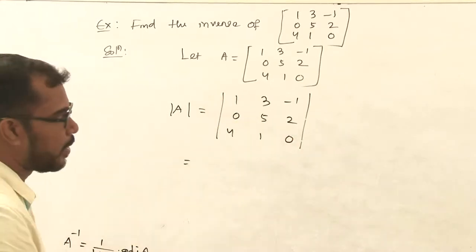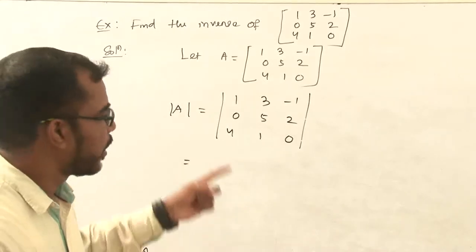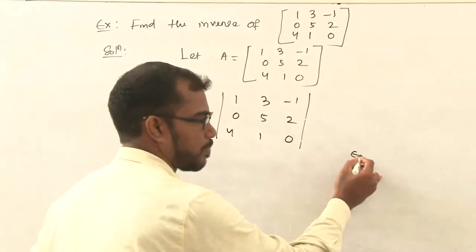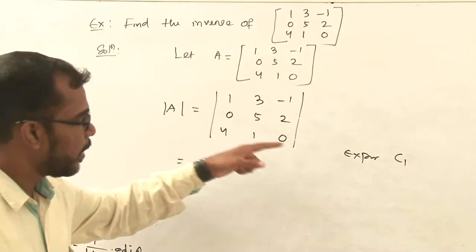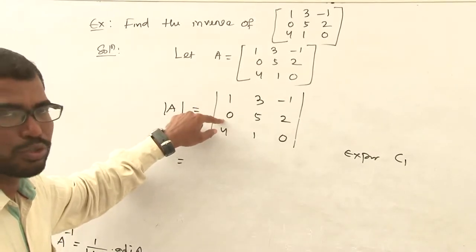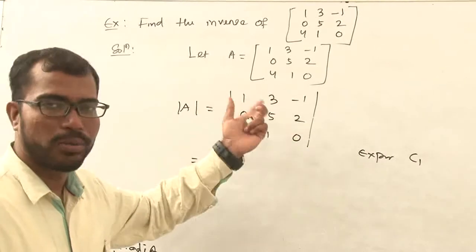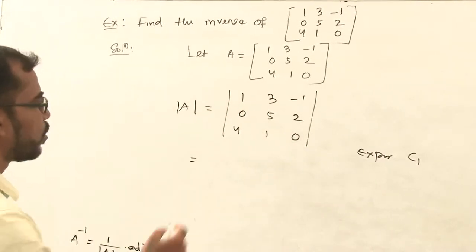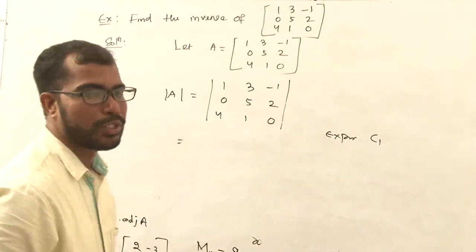Now we can expand this expression along, suppose, column 1, C1, because C1 contains a 0, so we can evaluate it easily. Or we can expand along R1, R2, R3 anyway. In this problem we can expand along column 1.